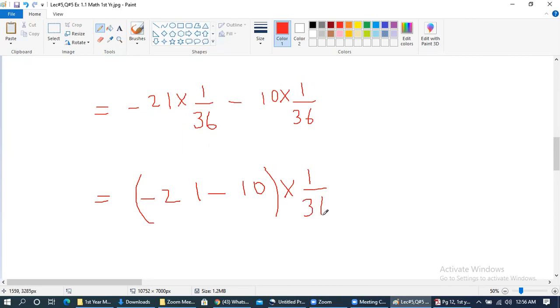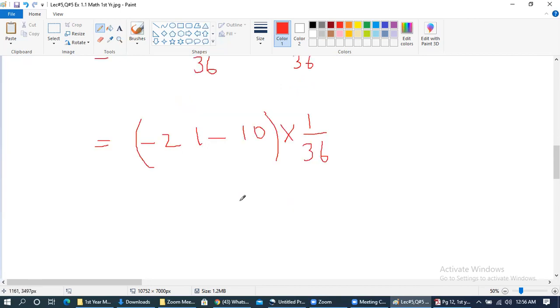Therefore, this is related to the right distributive property. In usual language, this is the common that has been taken from it. So this is minus 21 minus 10 inside the brackets cross 1 whole divided by 36. We'll be writing in this language now.